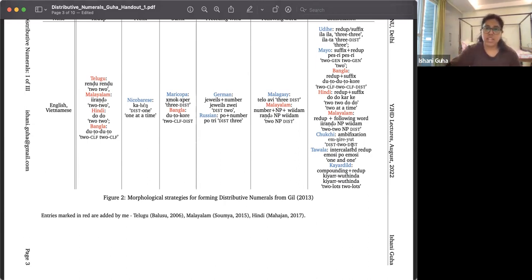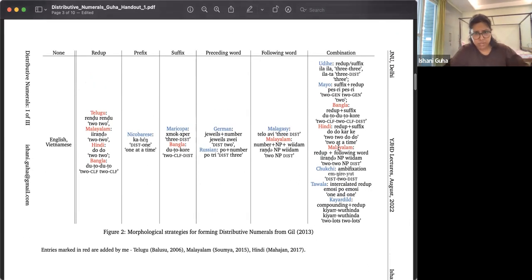Okay, so these are complex strategies. And then there are other languages which also use a combination of strategies. Okay, so why this is important, let me tell you, is to have a track of the strategies and how they are combined. Not even the question of how they're combined, but the fact that they can be combined.